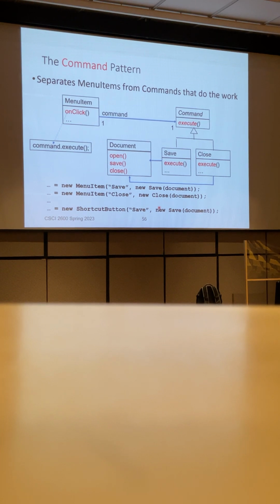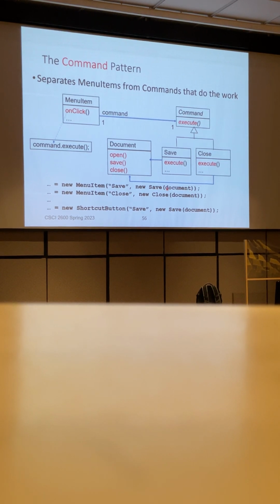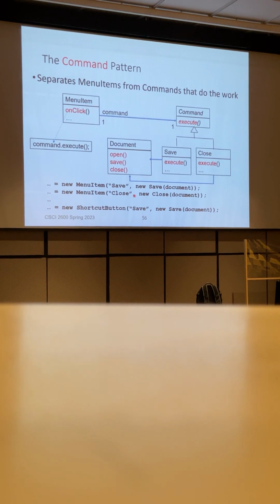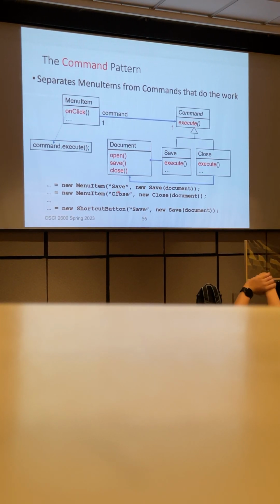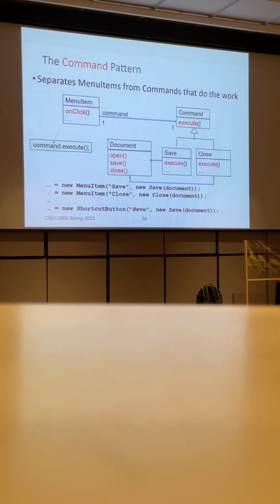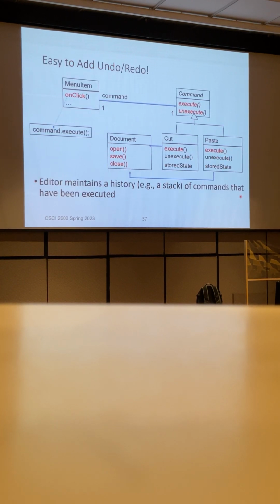We have this save class. A save object would respond to the command of saving the document, and we have it linked to the save item in the menu, but also to the save button in the shortcut, and in our context menu. That's the same command invoked through different methods.